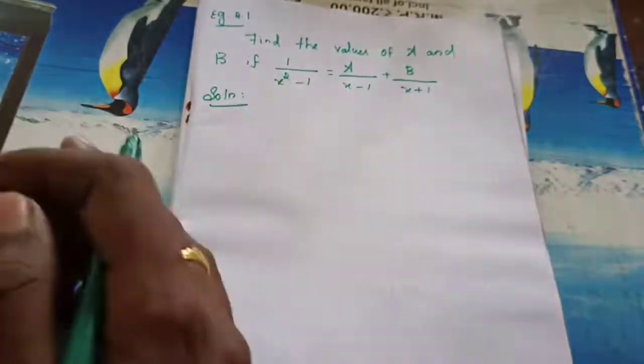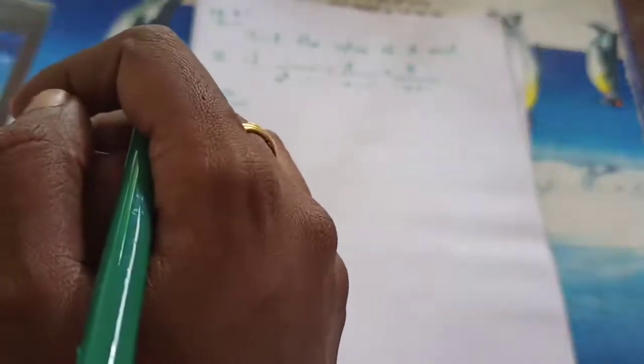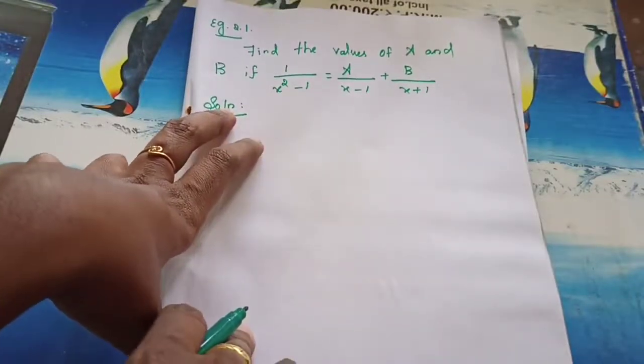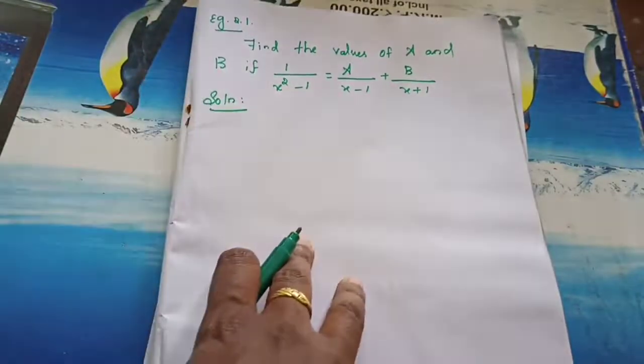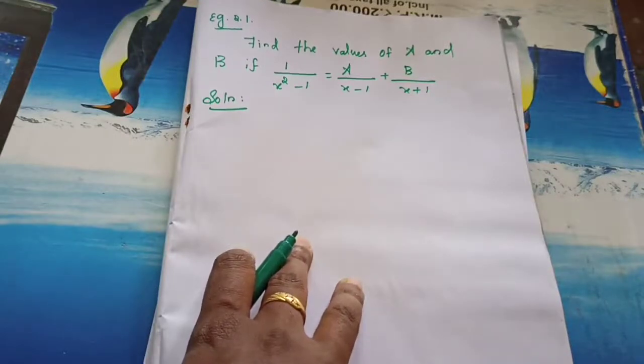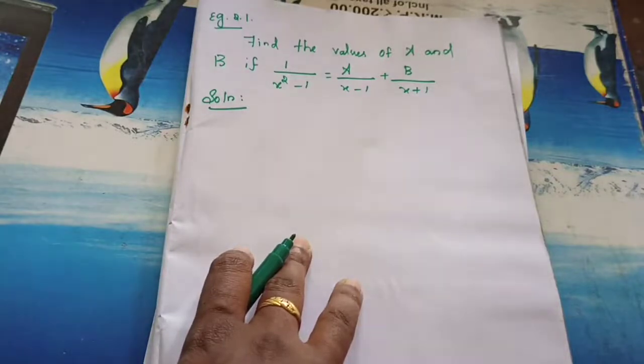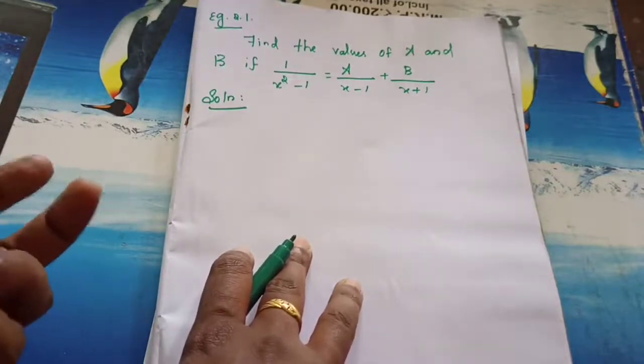Solution. In our question itself, they have already split it: 1 by x square minus 1 is equal to A by x minus 1 plus B by x plus 1. In your question itself, they have split it into 2.